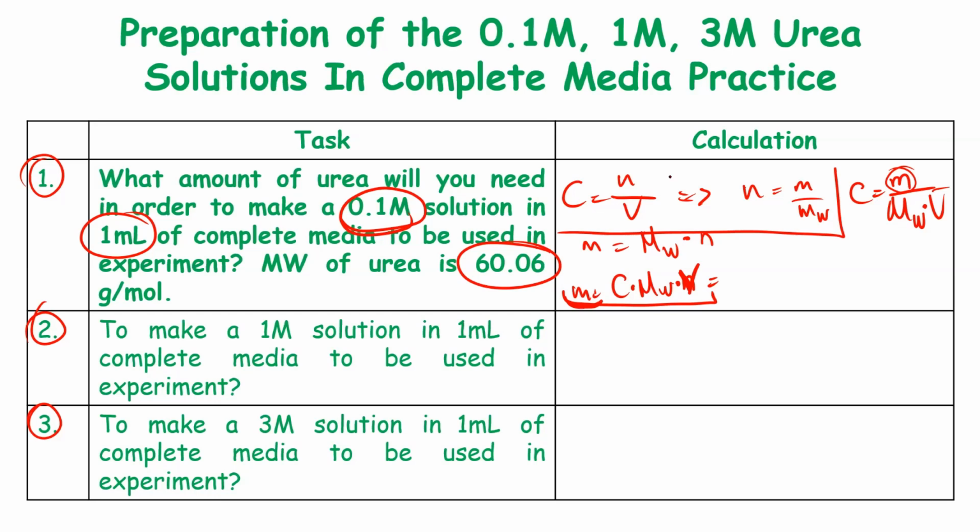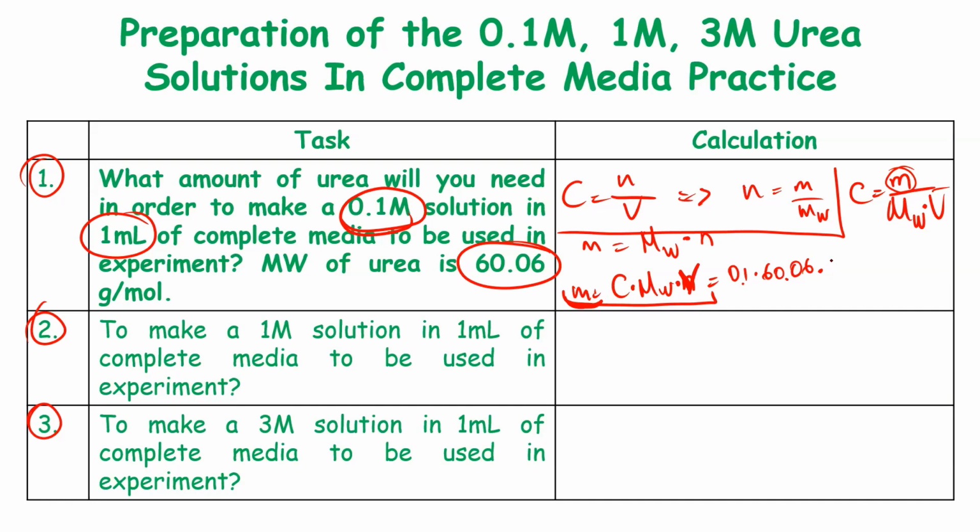So what would it be? 0.1 times 60, 0.6. And we have to convert the milliliters to the liters. If yes, then it will be multiplied by 10 to the power of minus 3.